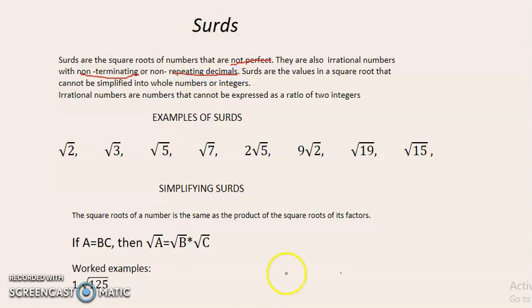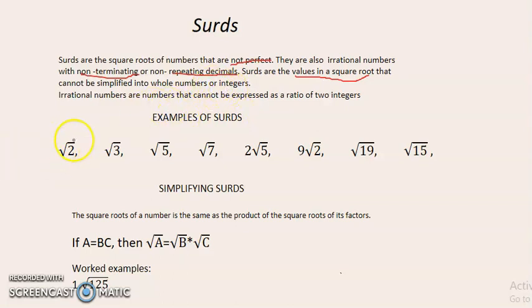Surds are the values under the square root that cannot be simplified into whole numbers or integers. Irrational numbers are numbers that cannot be expressed as a ratio of two integers. Now we know integers are what? Positive and negative whole numbers. Now let's see values in the square root that cannot be simplified into whole numbers or integers.